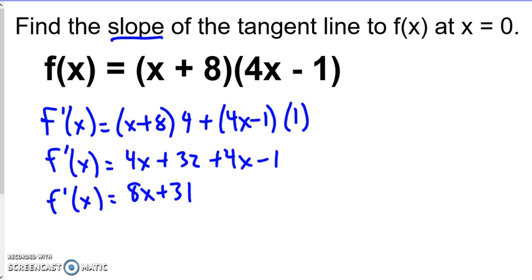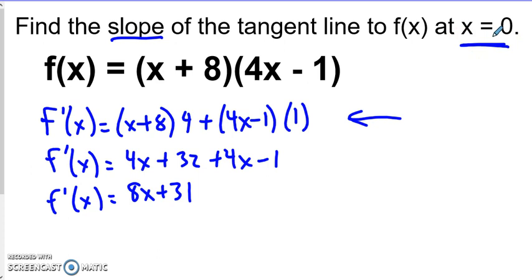Okay, so using the product rule, it's that first step that I just did here, first times derivative of the second, plus second times derivative of the first, and I went ahead and simplified it. Again, you didn't necessarily need to do it, but it'll be a little bit easier when we try to find the slope of the tangent line at x equals 0. Okay, so remember, what does the derivative tell us?